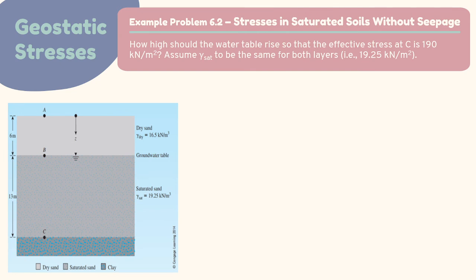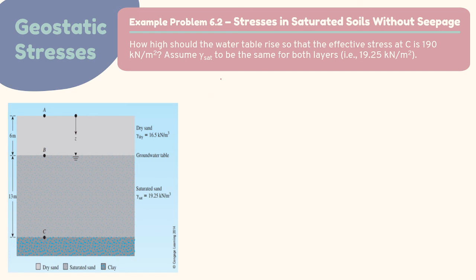So, regarding the next part of the problem, we are asked how high the water table should rise so that the effective stress at C is 190 kilonewton per square meter. We are told to assume that the saturated unit weight will be the same for both layers.